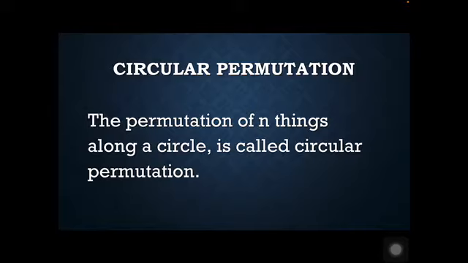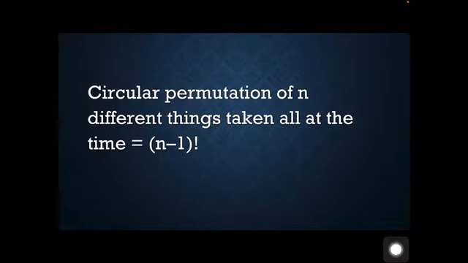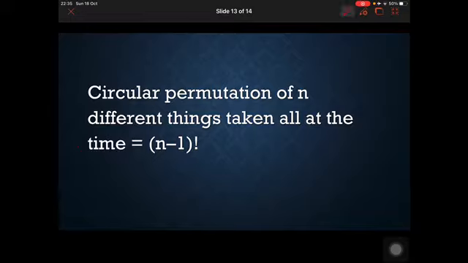First, we learnt about arranging things or persons in a row-wise manner. Now, this is arranging in a circular manner. The permutation of n things along a circle is called circular permutation. The circular permutation of n different things taken all at a time is n minus 1 factorial.